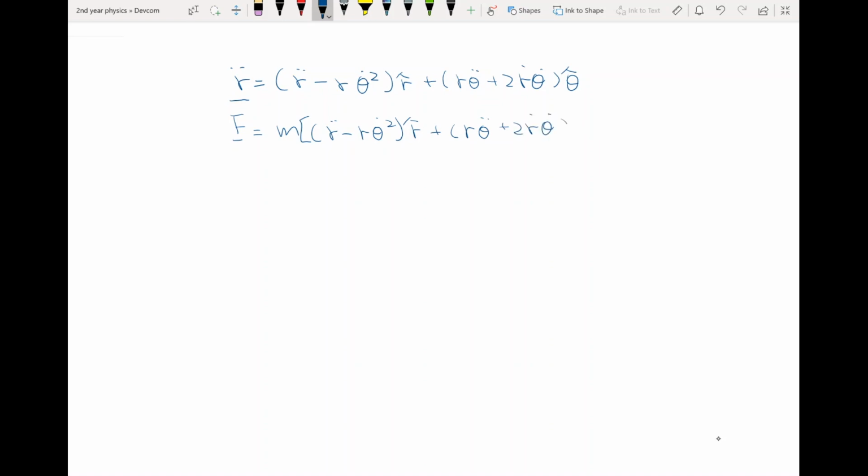Now, we also know that in circular motion, the only force acting is a central one, so we know that the centripetal force will act along r. And this means that force will equal the first term in our expression, and the second term, the term along theta hat, will go to 0.